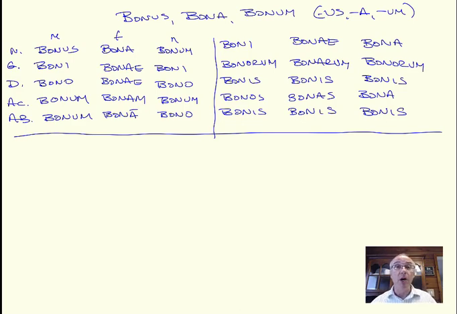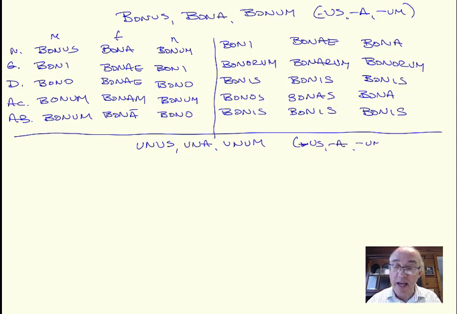I've left room down below to go over these IUS adjectives. And which one are we going to do? Let's pick UNUS. It's the first one. UNUS, una, unum. You would think it's going to be exactly the same because it's listed as a US, a, um ending adjective. In other words, an adjective of the first and second declension. But let's get this out here.